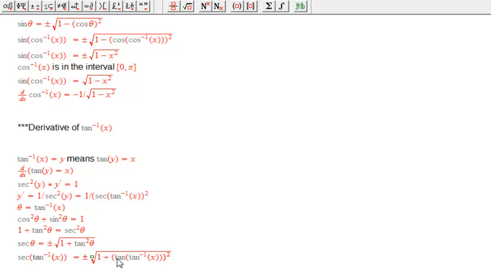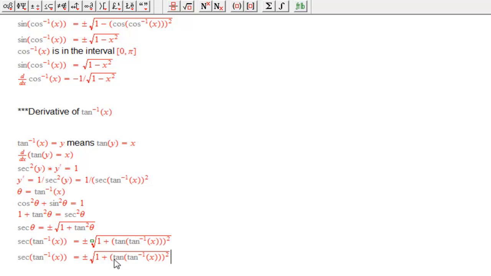Well, if we take tangent of that angle, we get x. That's how that angle is defined. So this whole thing just simplifies down to x squared. And we have that the secant of inverse tangent of x is plus or minus the square root of 1 plus x squared.